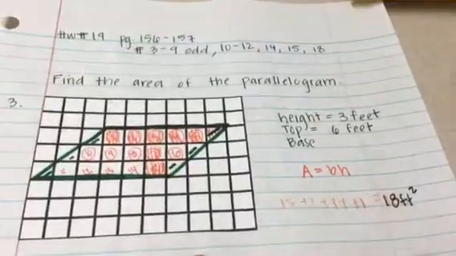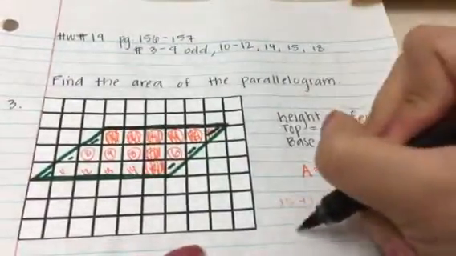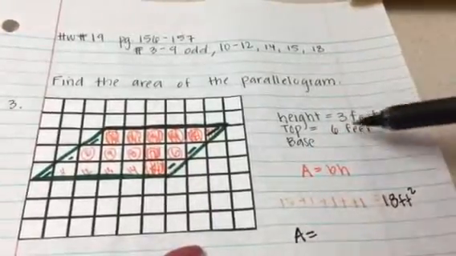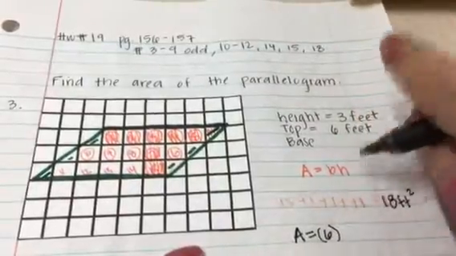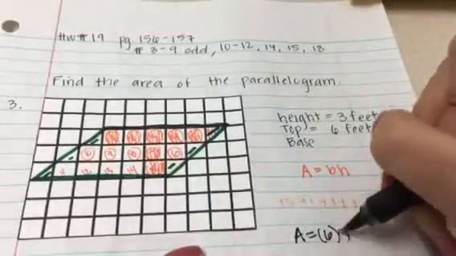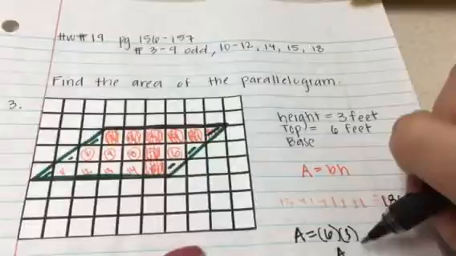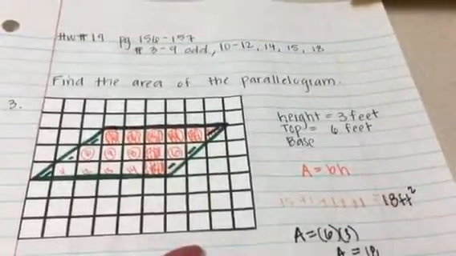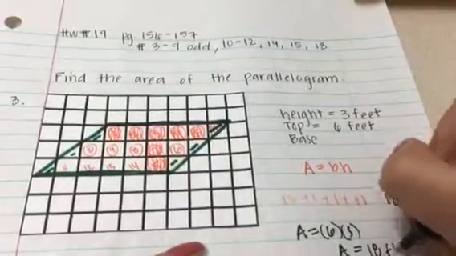Another way would be just by simply using the formula. So we would have A equals the base. What is the base? 6 feet, right? 6. And the height, how tall it is, 3 feet. So just by multiplying that, we would find 6 times 3 equals 18 feet squared.